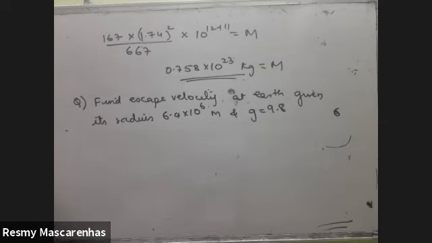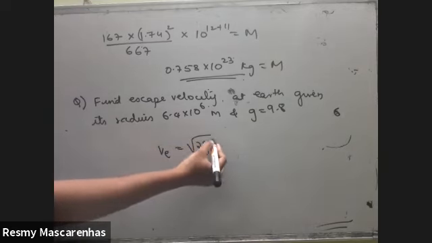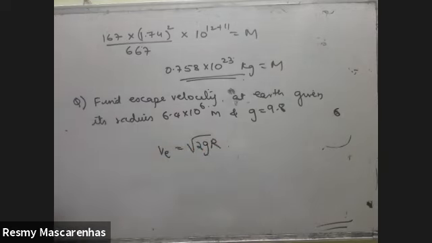Now the formula to be used. Many formulas are there for escape velocity. Now the value of g has been given, so the formula to be used is the one in terms of acceleration due to gravity. If density was given, then the third formula would have been used.